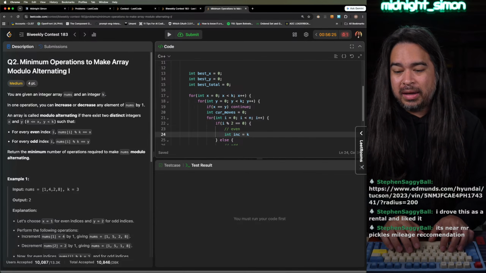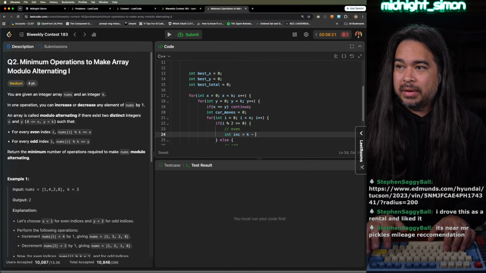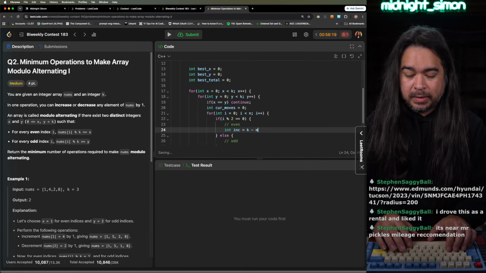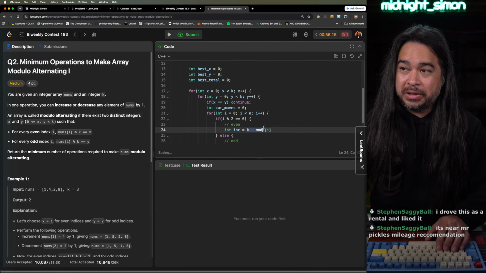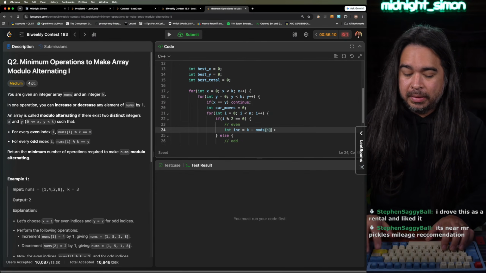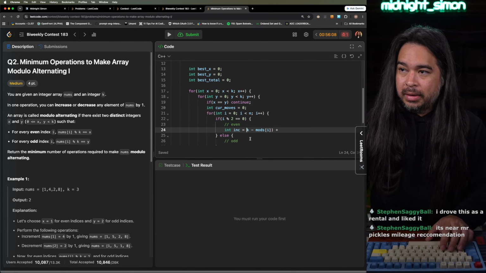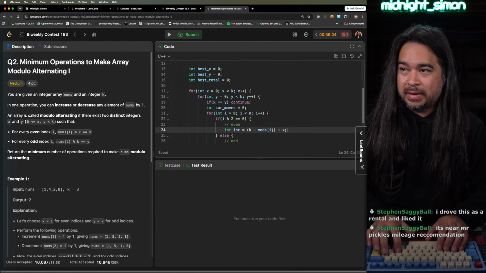It's like K minus, what is this we're looking at? Mods I. So K minus mods I is how much to get it to 0, and then we gotta add our target of X, I suppose. So that's if we increased.